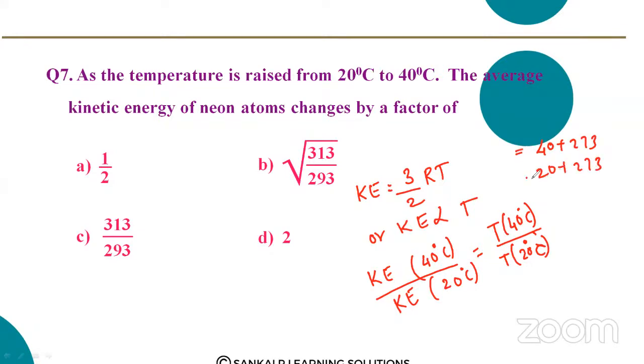What you get is 313 divided by 293. So this is your ratio of kinetic energies. Kinetic energy is directly proportional to the absolute temperature, so you have to add 273 to convert to absolute temperature. You get this particular answer.